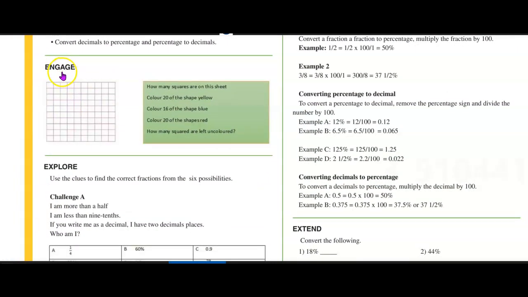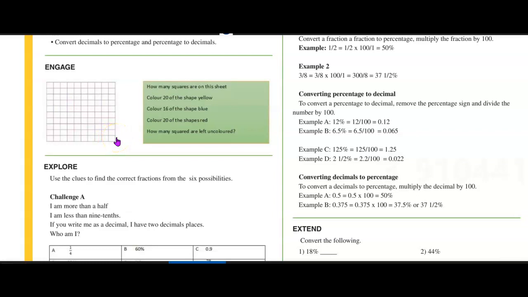So here, engage. How many squares are on this sheet? So we have 1, 2, 3, 4, 5, 6, 7, 8, 9, 10. So 10 this way, and then 1, 2, 3, 4, 5, 6, 7, 8, 9, 10.